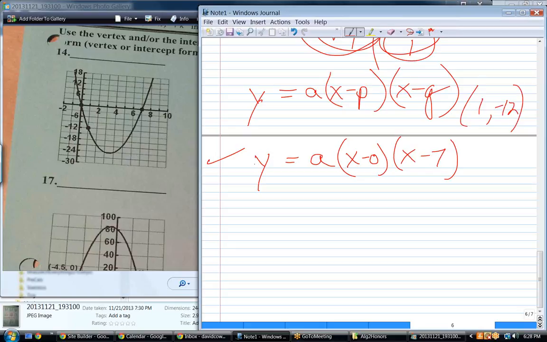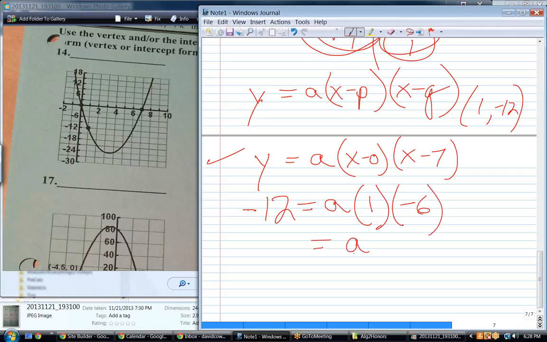So how do I solve for A? You plug in the x and y of the point. Okay, so y is minus 12. X is 1, which makes this minus 6. So solving this for A, I get A equals 2.